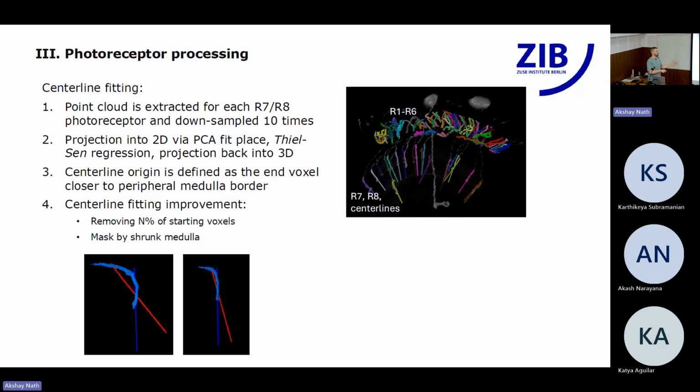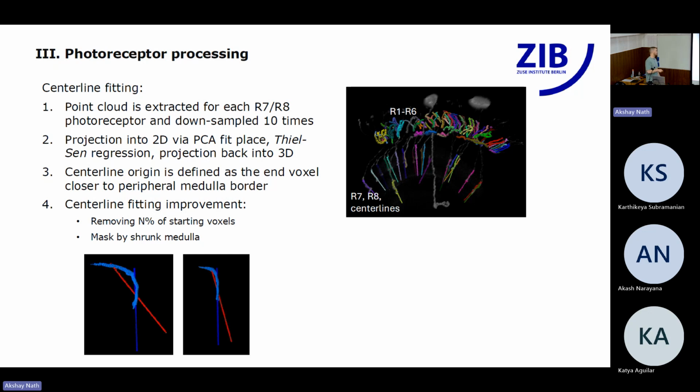We also need to figure out what is exactly the origin. Is the origin down here or up here? We determine the origin by looking at the edge voxels of each center line, and we take the one that is closer to this peripheral medulla border. So this is how we end up with the origins.